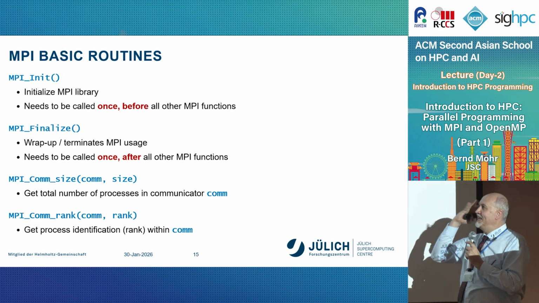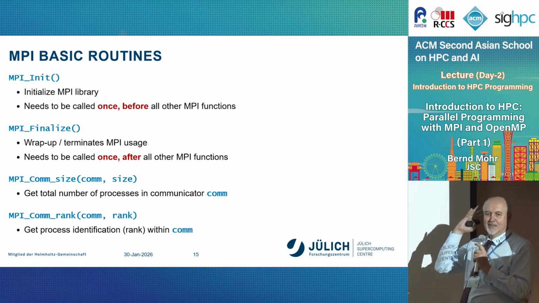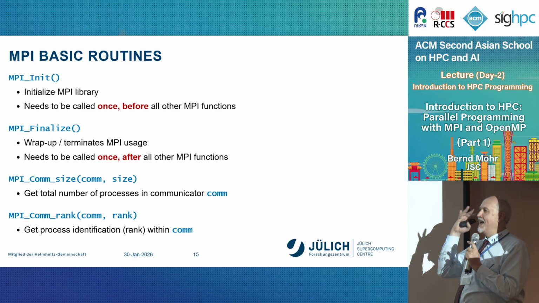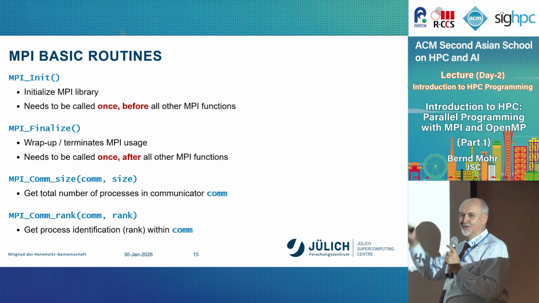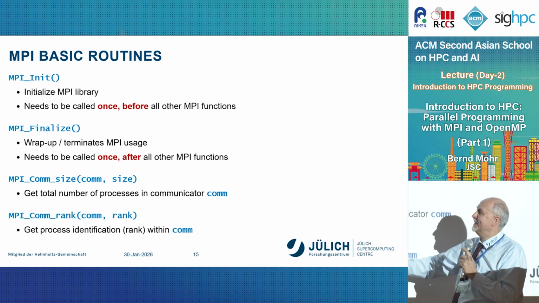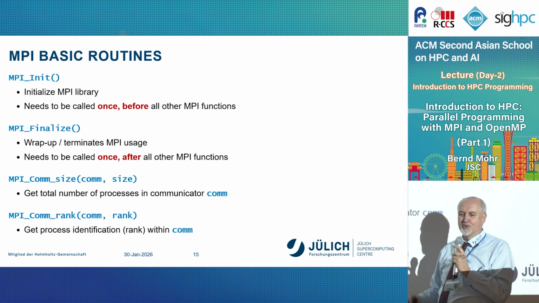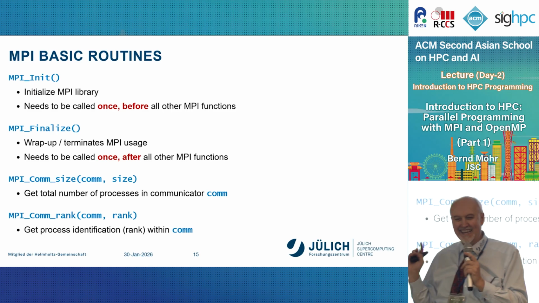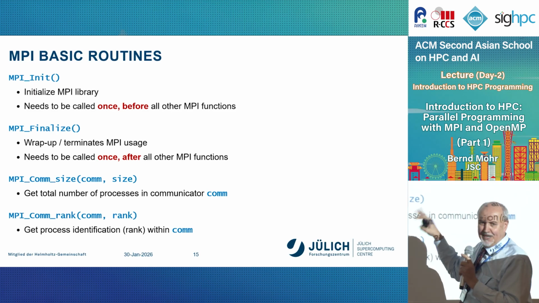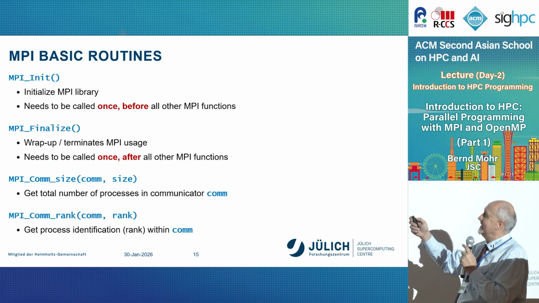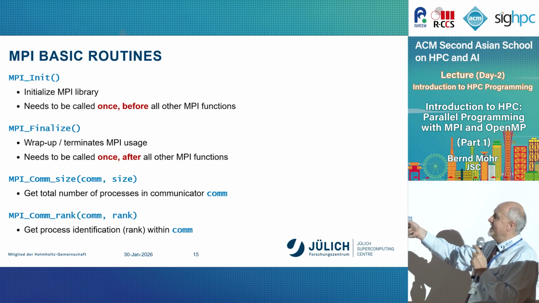These are the 4 most important functions in MPI. Every program needs them. You need to know at least these four functions, and you can ignore all 600 other ones. But with these, you can already write quite some programs. First, you have a function called MPI_Init.